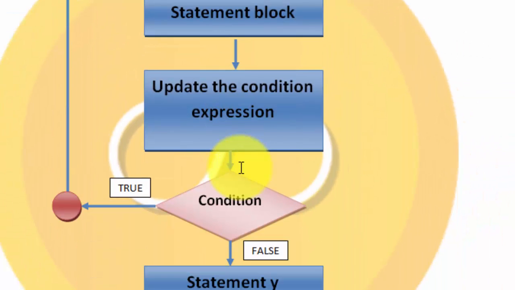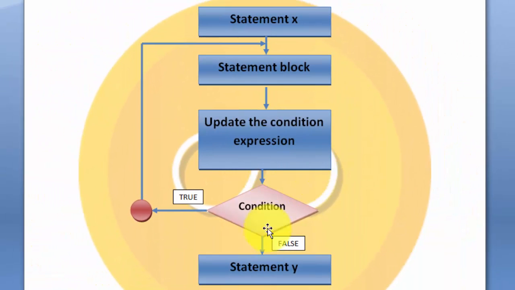Here the given figure shows the general form representation of do while loop. See, a statement is given. The statement passes to the do part. In that do part, the statement block is there. Within this do part, the statement block and the update of the condition expression are done.